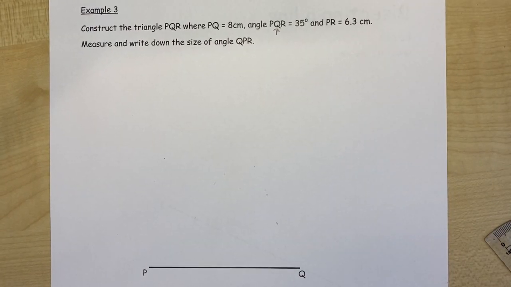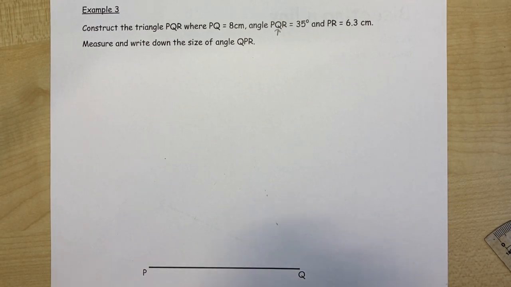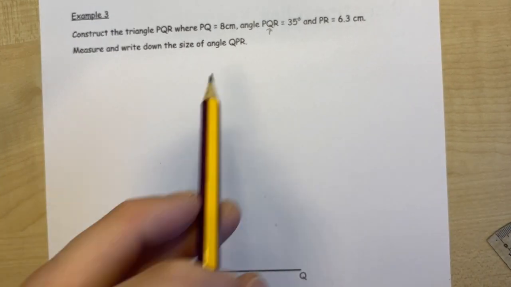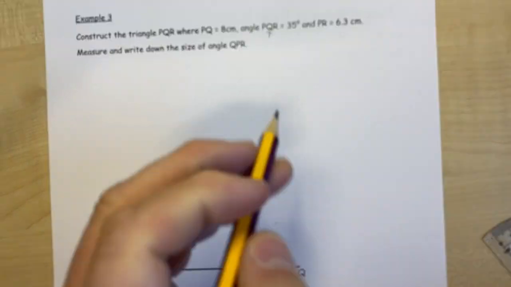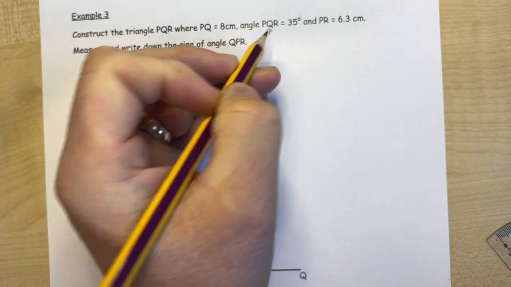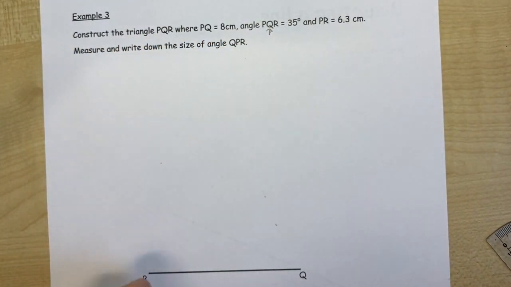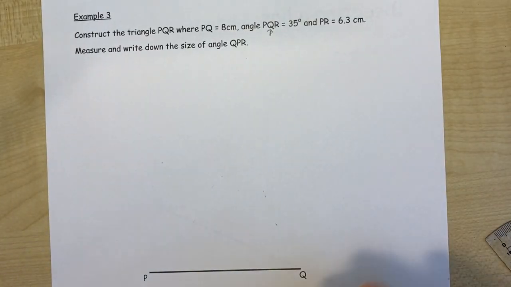So this third and final example uses the last two examples, in that, as with the previous two, the first line is drawn, P to Q is already drawn. We need to draw an angle at Q, which is at 35, because P to Q to R is 35.